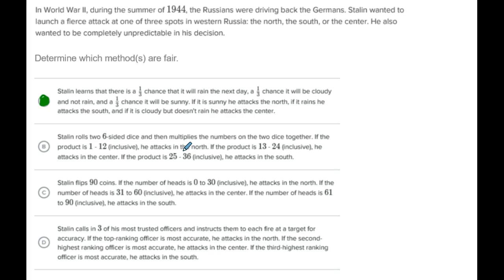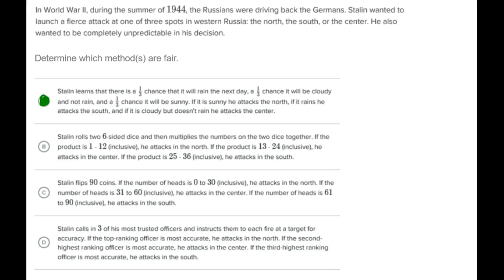There are 36 different outcomes that could occur, but only 4 of those lie between 25 and 36. We could take 5 times 5, 5 times 6, 6 times 5, or 6 times 6. Those are the only 4 scenarios that give us a product between 25 and 36 inclusive, which means there are 32 other outcomes distributed between the other 2 categories, so this is not fair.